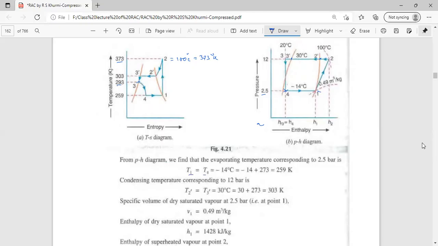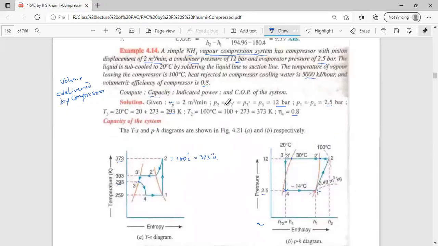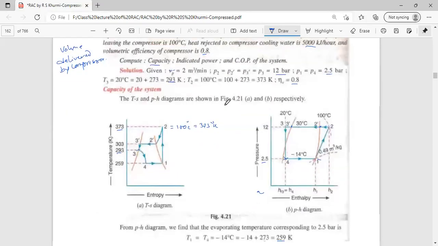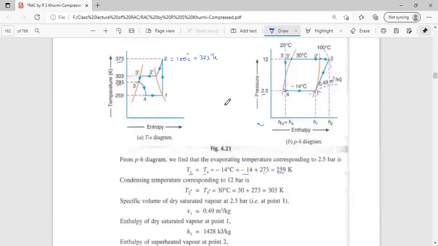T4 is equal to minus 14 degrees centigrade, that is minus 14 plus 273, 259 Kelvin itself. The question is, how will we know the temperature at T1 is minus 14 degrees centigrade? We'll know it from the chart of the ammonia itself.